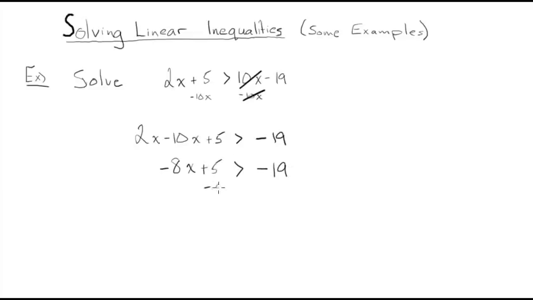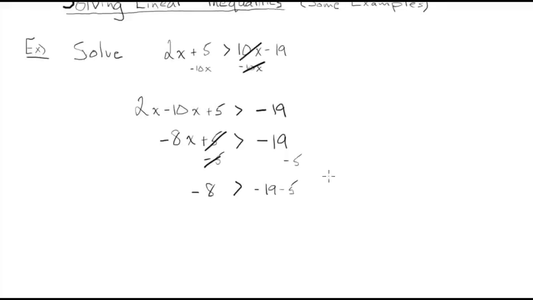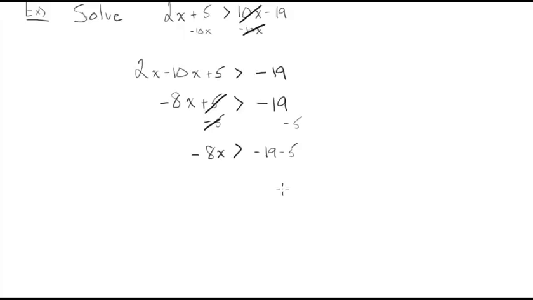Now we need to subtract 5 from both sides. So we have negative 19 minus 5 on the right side and minus 8x on the left side. So we have negative 8x bigger than negative 24. Right? Minus 19 minus 5 is negative 24.